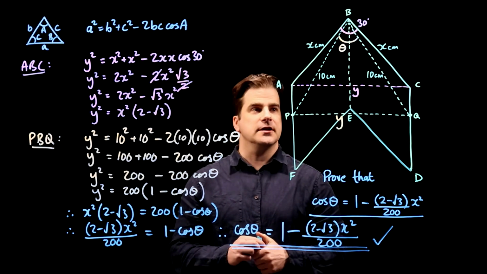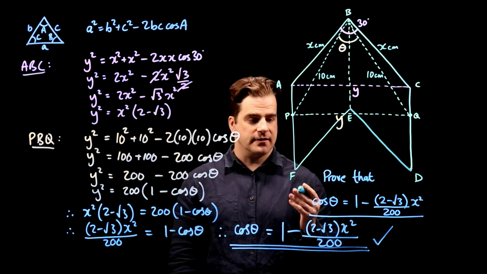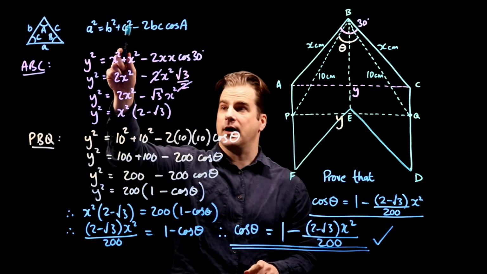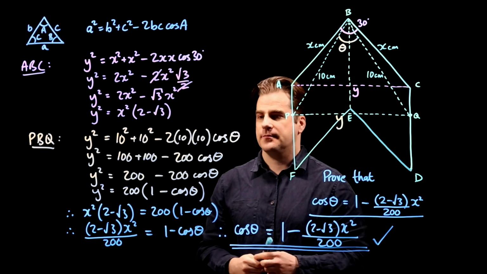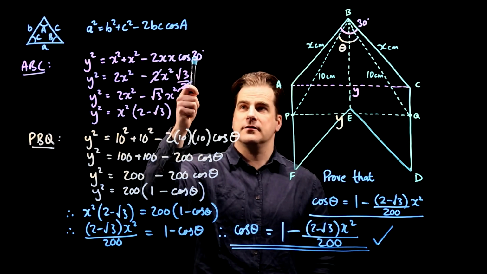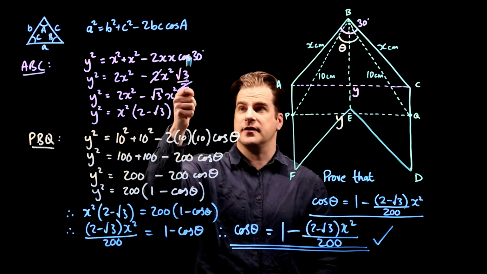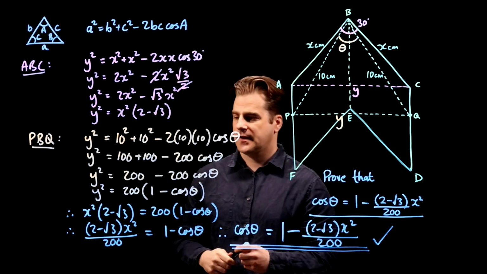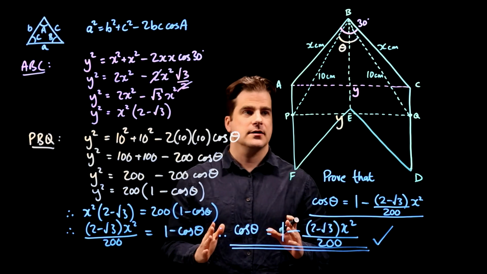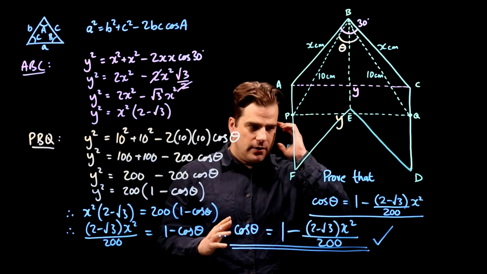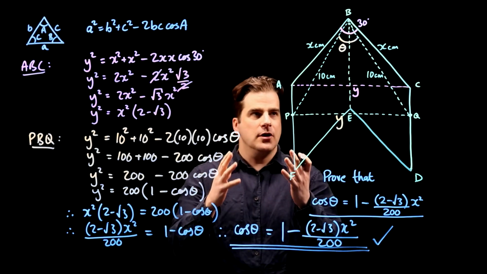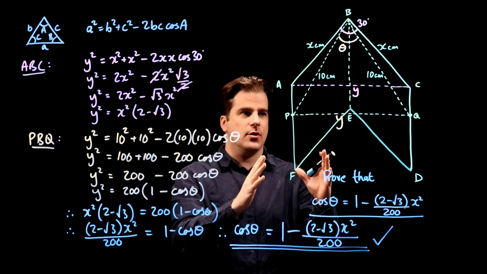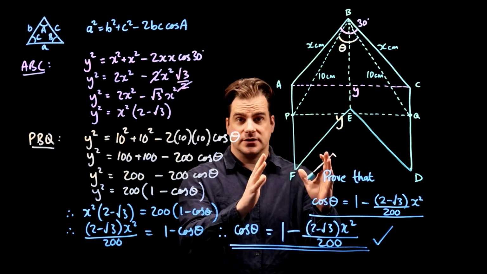So for this question, you needed to know the cosine rule. So learn that off by heart. Learn cos 30 equals root 3 on 2. Learn that as well. But most importantly, learn the fact that you don't need to know immediately how to solve a question when you look at it.